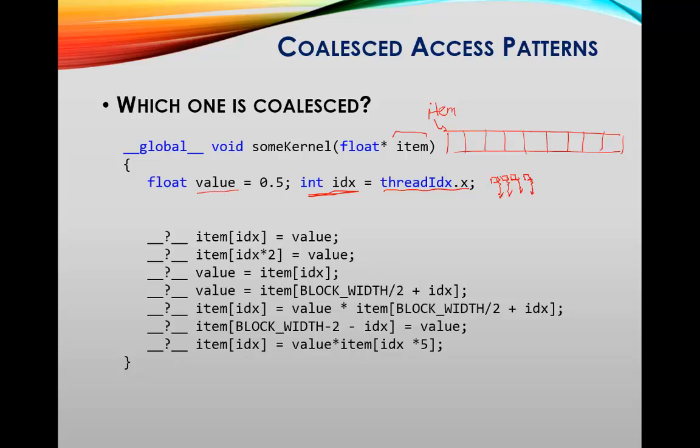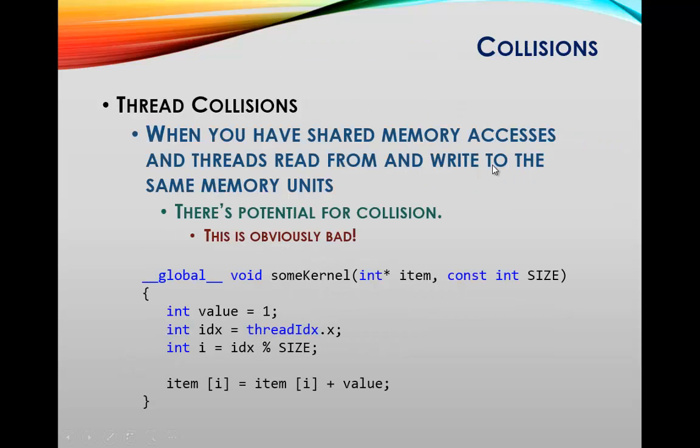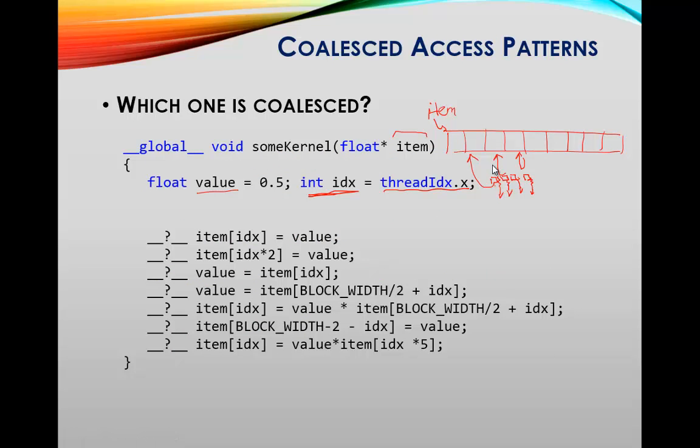It's going to take its own local variable and copy it into the thread location. This is a good example of a coalesced memory pattern. Each thread is writing into its own location, and since the threads are writing their own numbers, the accesses are coalesced. So this is a coalesced memory access.